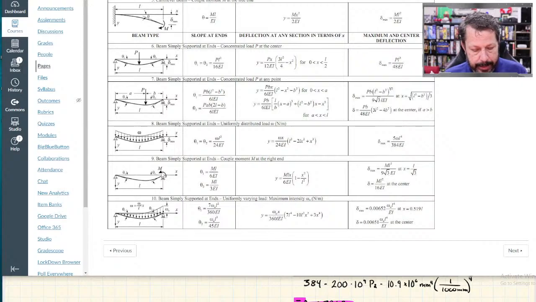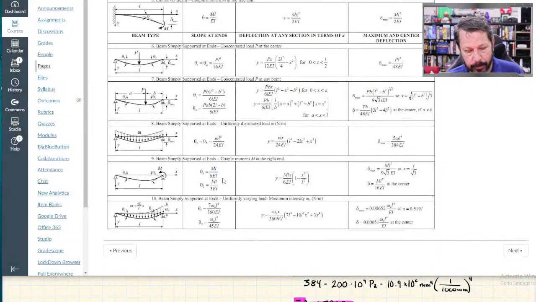Concentrated moment over here. Now they've got a counterclockwise, and we have a clockwise one. So our signs will be opposite of what they have here. So it's basically flipping everything to where this shape is mirrored about the x-axis of what's actually happening. And theta 1, we want theta 1. So we want this ML over 6EI.